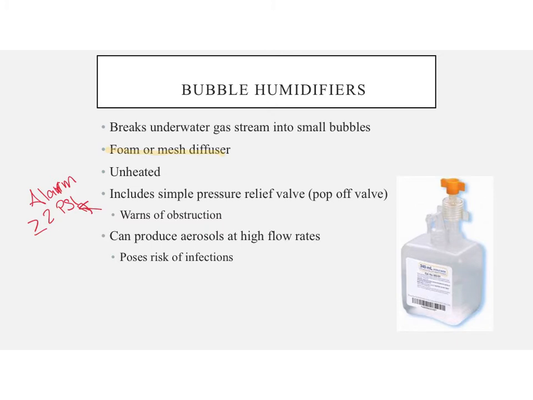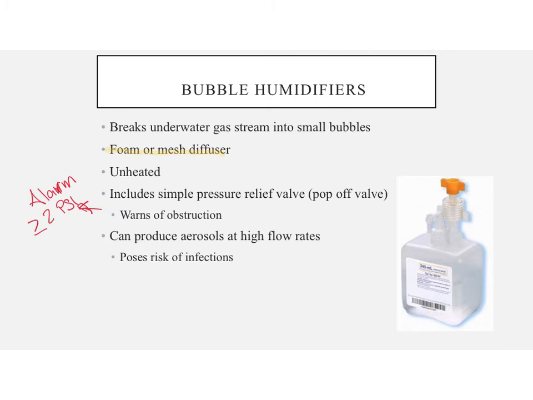So that poses a risk for infections because bacteria likes to live in warm, wet conditions. So there's more chance of bacterial colonization. So anytime you hear aerosols, think increased infection risk.